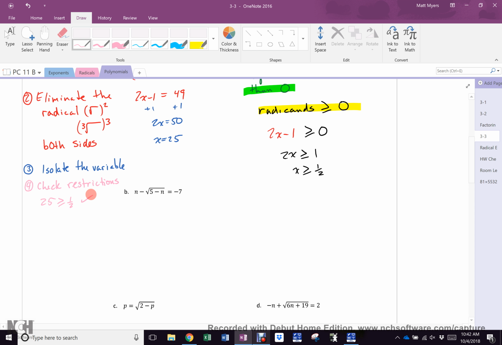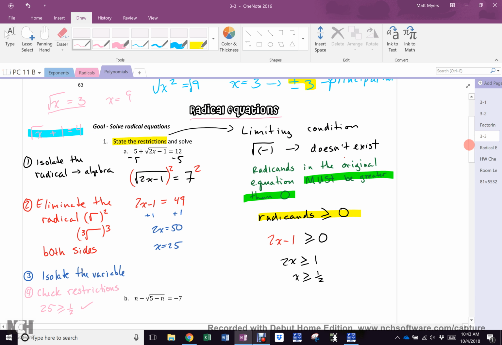Is there anywhere else we need to check? Do I know 25 is right? I do? How do I know that? I haven't checked it. Replace the x with 25. So come up to here. What is 5 plus, what is 2 times 25 minus 1? 49.